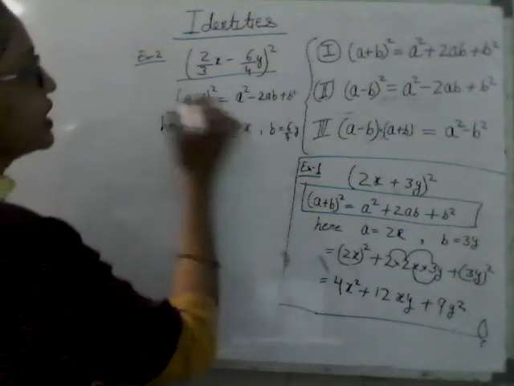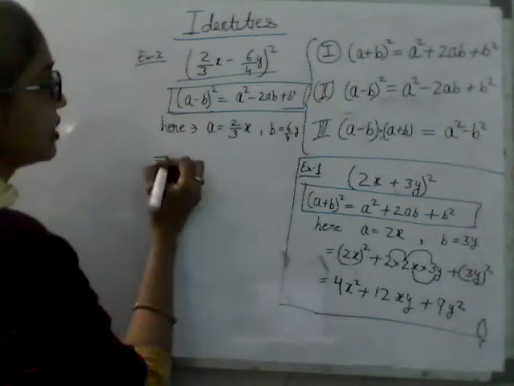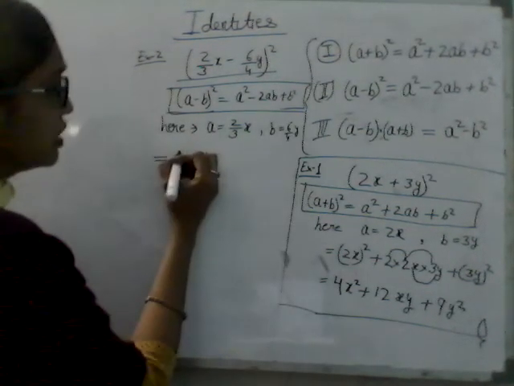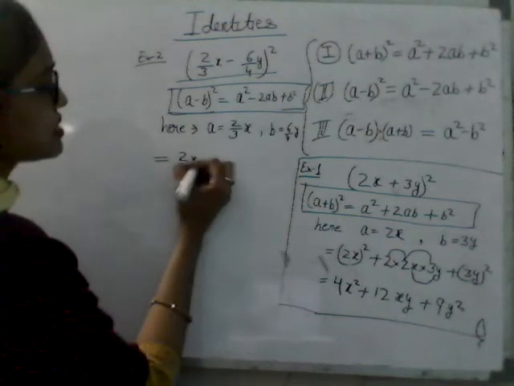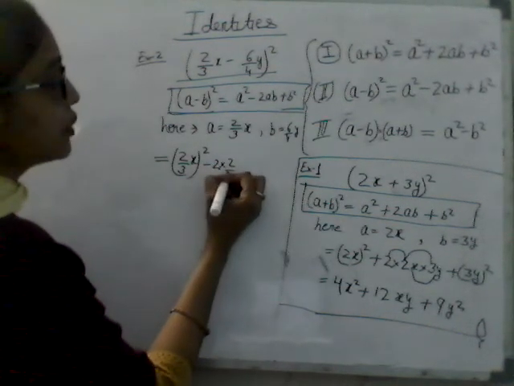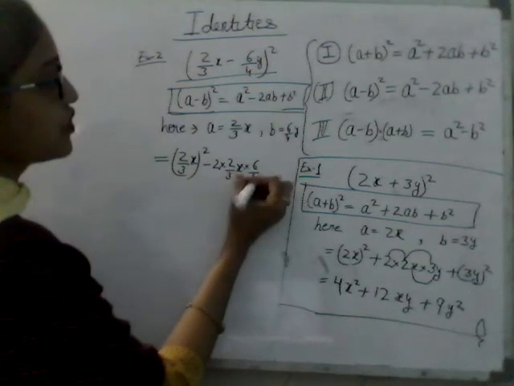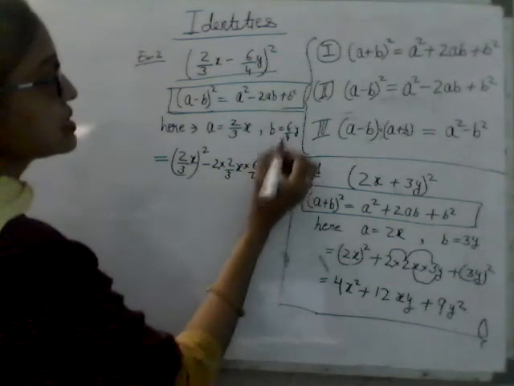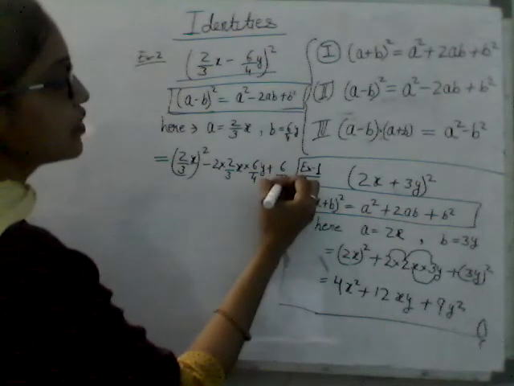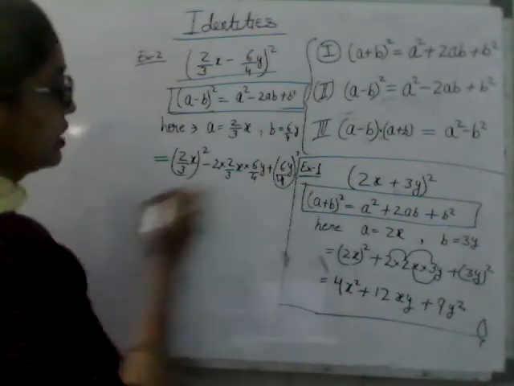Putting these values in the second identity: (2 upon 3x) whole square minus 2 multiplied by 2 upon 3x multiplied by 6 upon 4y, plus b, which is (6 upon 4y) whole square.